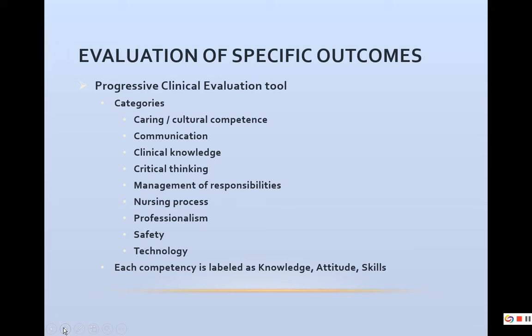Clinical knowledge, by asking them about their knowledge of the symptoms, of the illness, of the medications and side effects, and maybe critical thinking. If this happens, what happens next? What lab work do you need to look at in order to successfully treat the client with this medication?